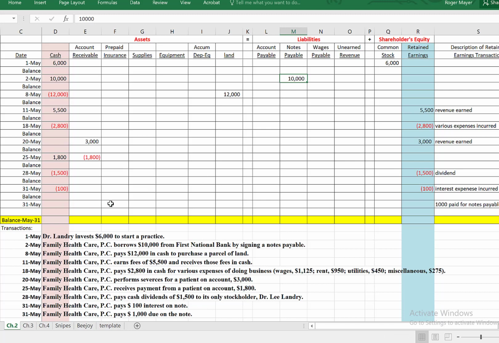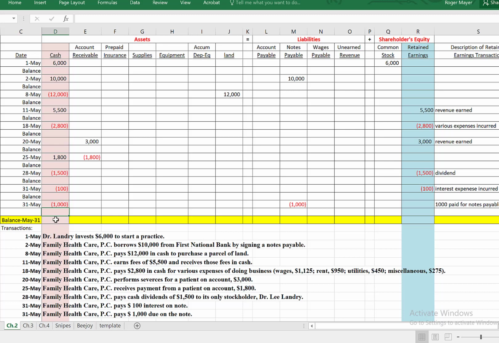So we're making a $1,000 payment on this, and we're making the payment in cash. So we have a reduction in cash of $1,000 and a reduction in notes payable of $1,000. Once we've completed these transactions, everything should be in balance.